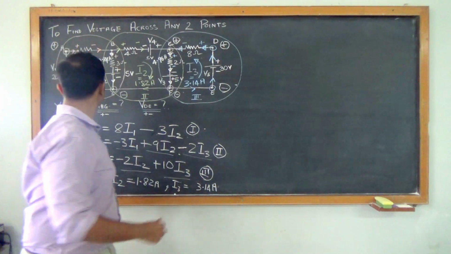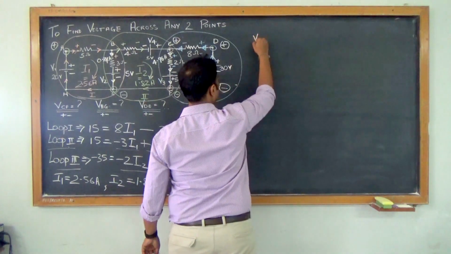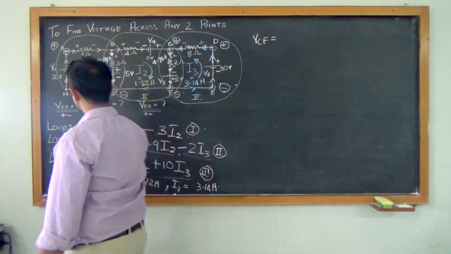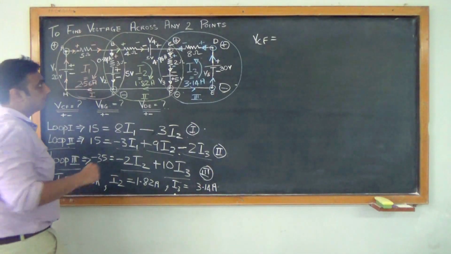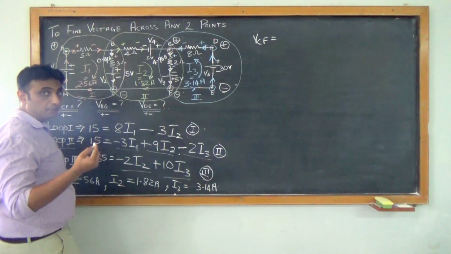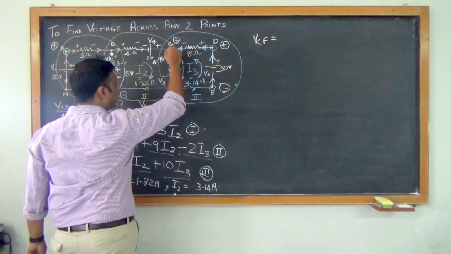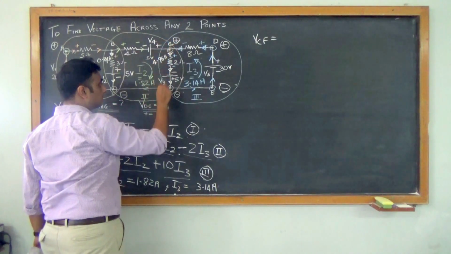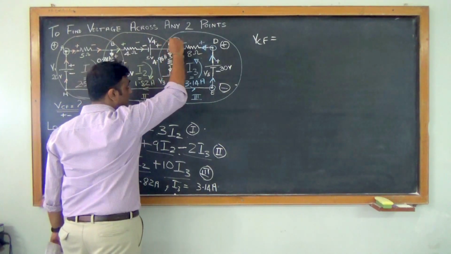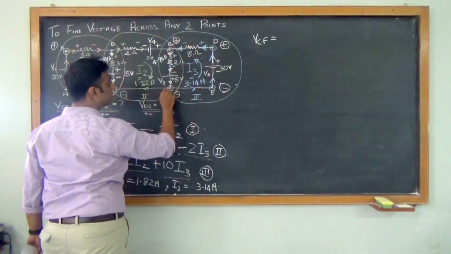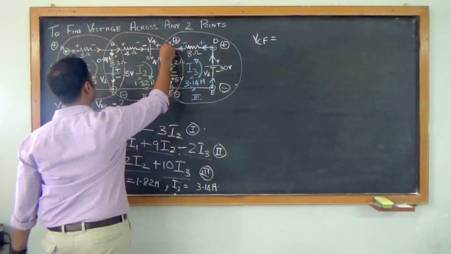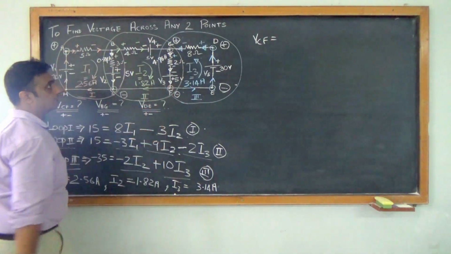Now once you have found the current through each and every resistor and assigned its corresponding polarities, we can move on to the next step, that is to find out the voltage across any 2 points. So say we want to find out the voltage across VCF, so across points C and F. Now as I told you, you can either start from C and go to F directly. So this is one loop. You can even take these points C to D, D to E and E to F. So you can go in this loop as well, or you can take this loop as well.